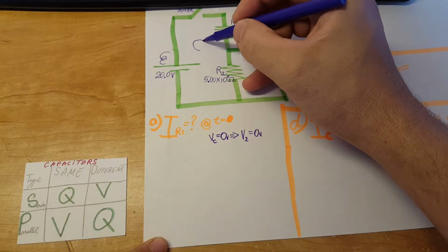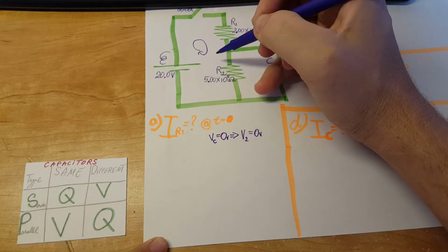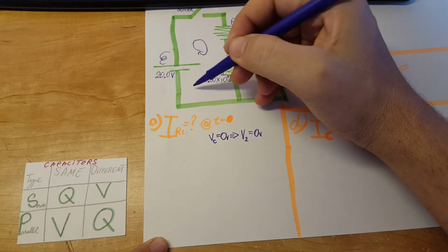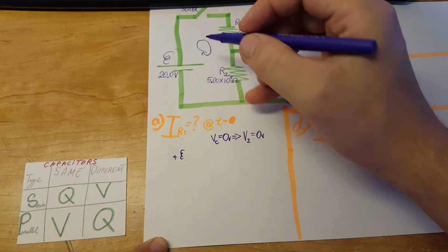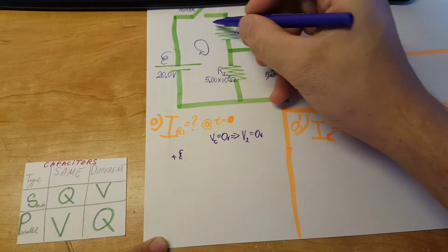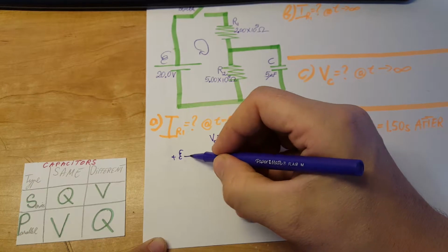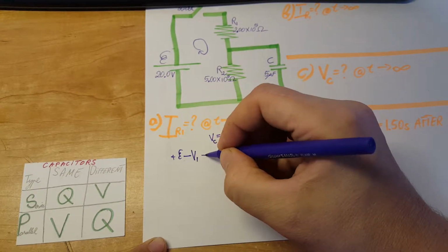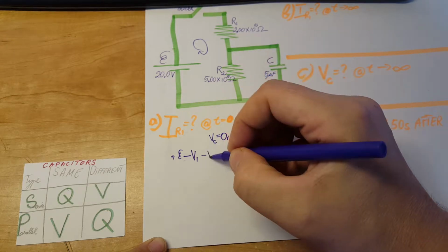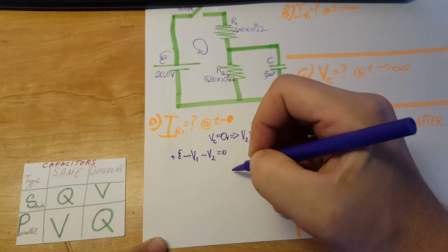We're gonna go around this way. Positive EMF, we're gonna go clockwise. Positive EMF, minus voltage drop on resistor 1, minus voltage drop on resistor 2 equals 0.